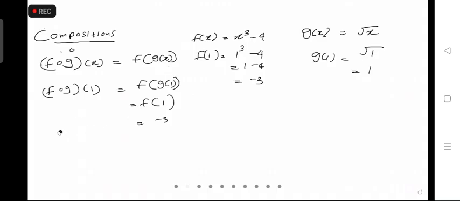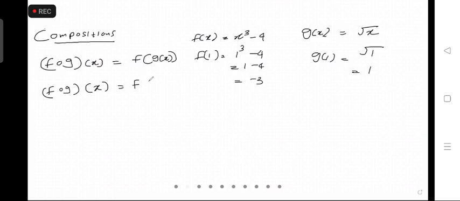But you can do it very easily. You solve this operation this way. You can bring the function to here. Gx equal to root x.